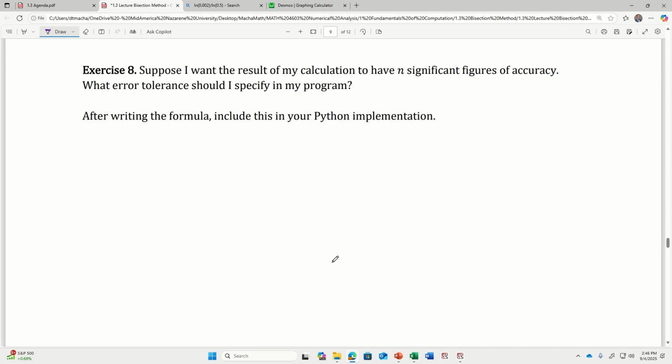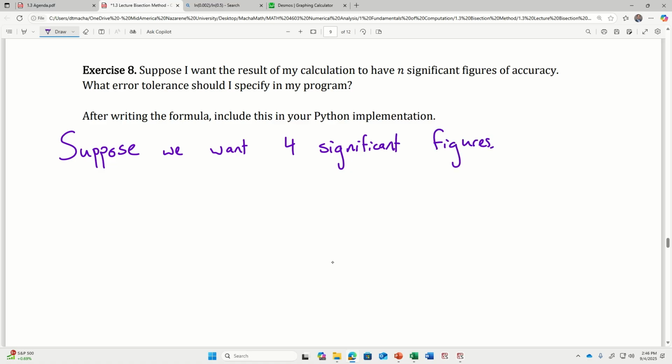Okay. And this is what I think about. Suppose we want 4 significant figures. And I hope you remember what significant figures are. Significant figures could look like 0.1234, 4 digits after the decimal.